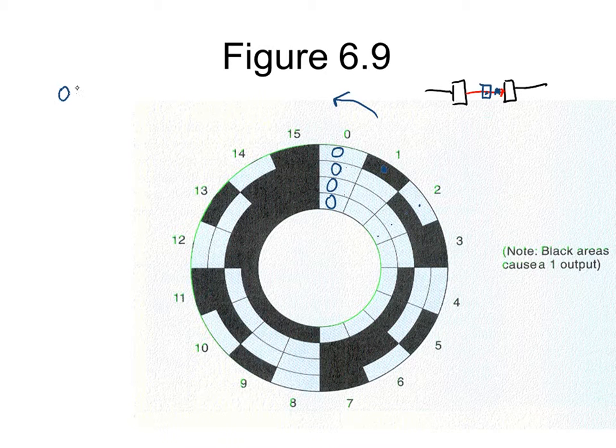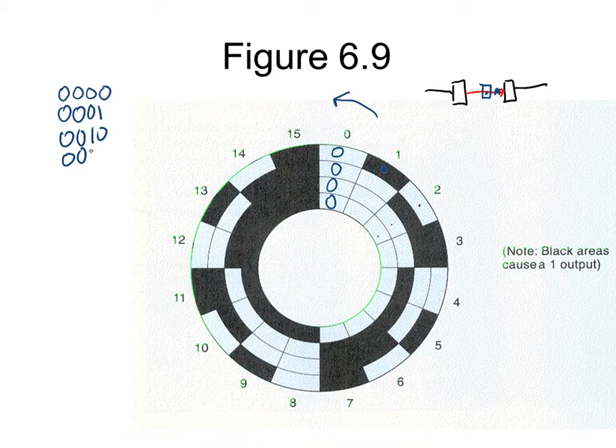So if we were looking at the output, if it got light through, we could say that represents a binary 0. If it doesn't get light through, that would represent a binary 1. Now the way we count in binary: 0, that would be a 0. This would represent a 1. This is a 2. This is a 3. This is a 4.